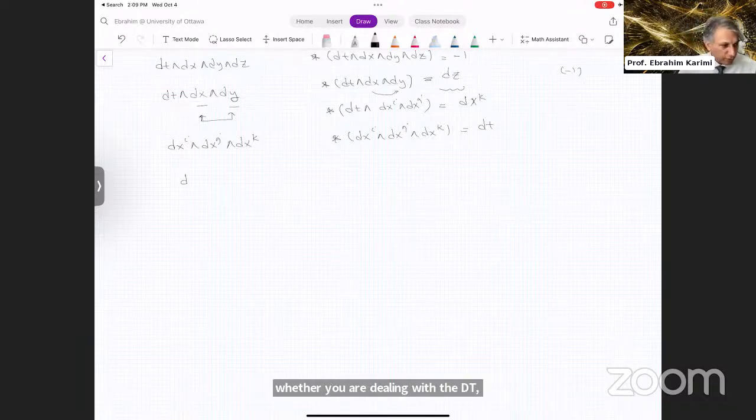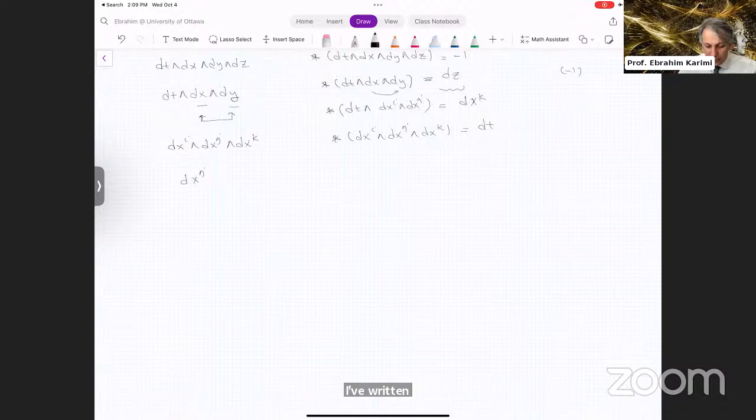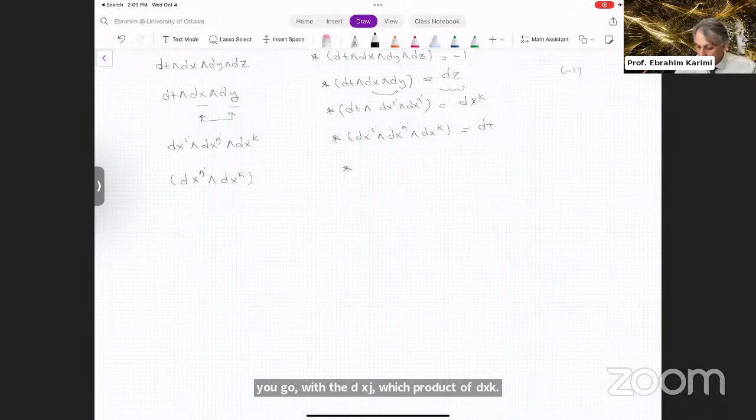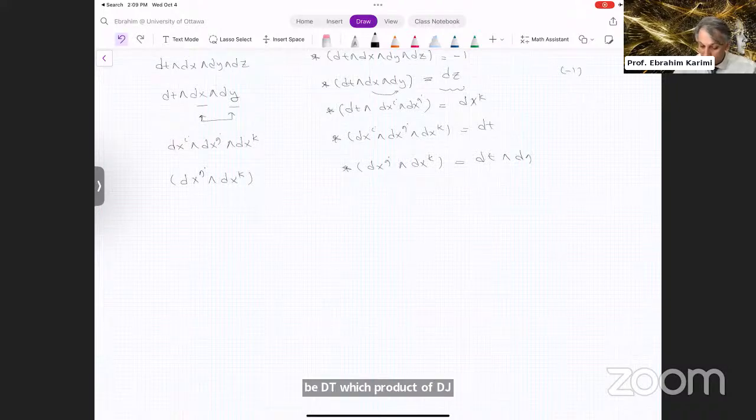Then the result of these will be, I've written here, let me just find it. Yes, if you go with dxj wedge dxk, then the dual of these will be dt wedge dxi.